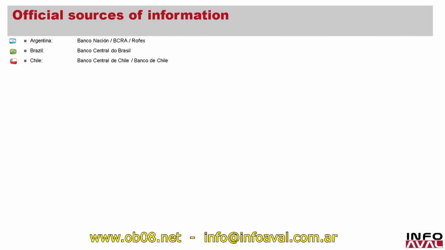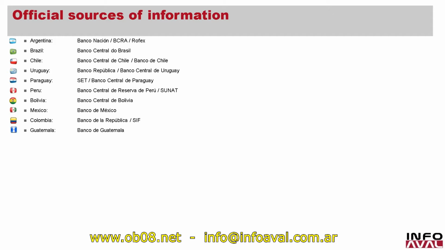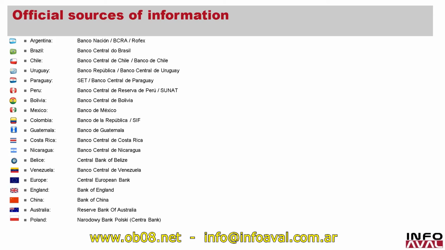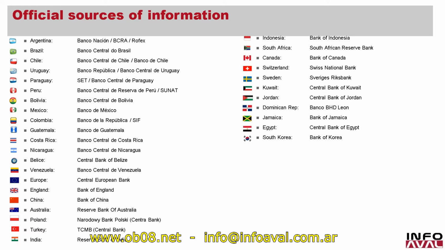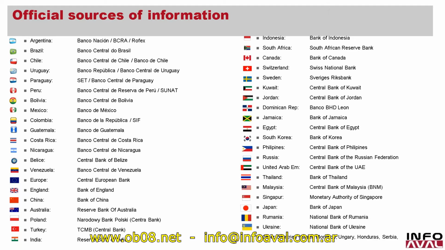We have up to now more than 70 banks worldwide already integrated into our solution, and you can see here the different countries that we already included, which are the sources that we have already developed. I see here most of you attending this webinar are from India, United States, and Australia.